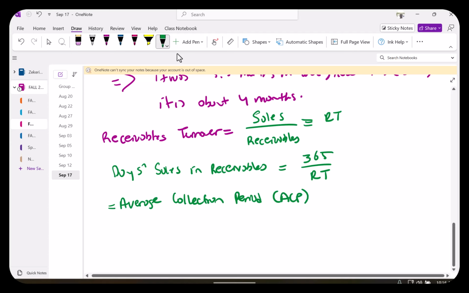You obviously want that number to be low because remember, receivables are sales you make to your customers that are to be paid sometime in the future. Even credit card sales, you get them anywhere from 5 to 7 business days.